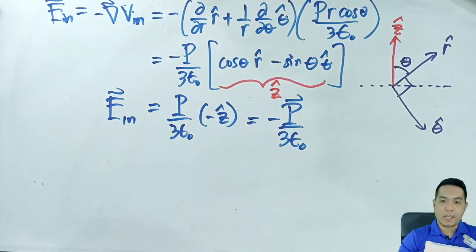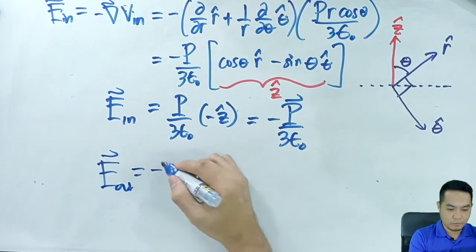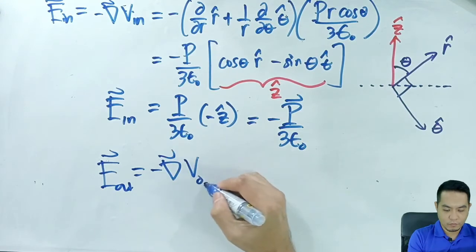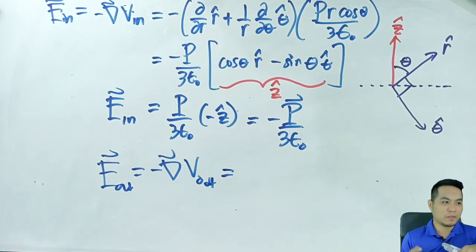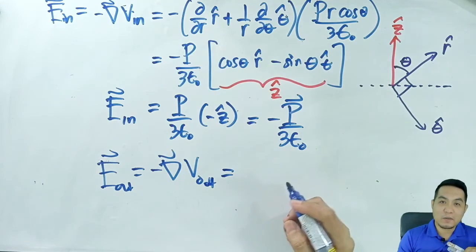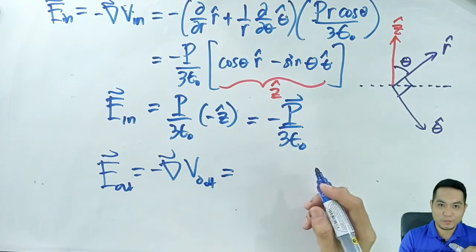So you do the same for the electric field outside. And what do you expect to happen? You'll actually get the electric field of a dipole, but it's now in terms of polarization.